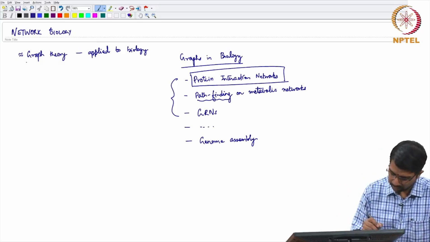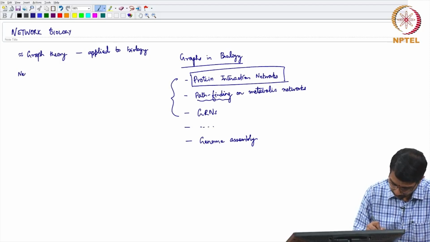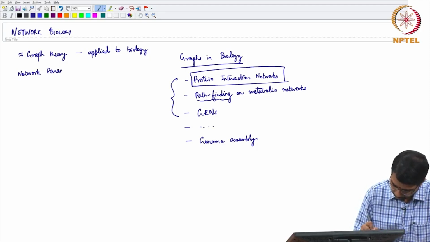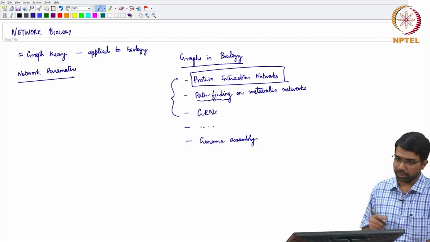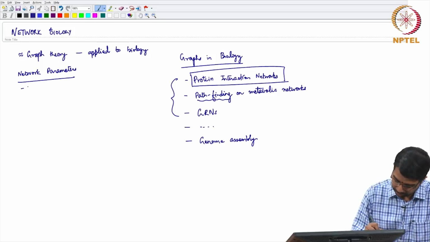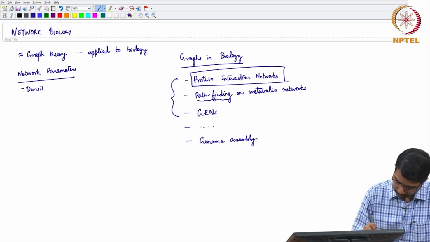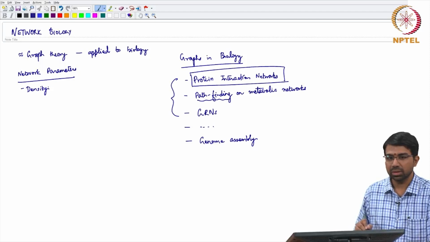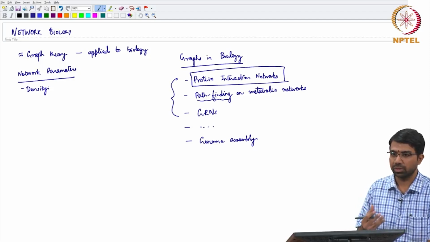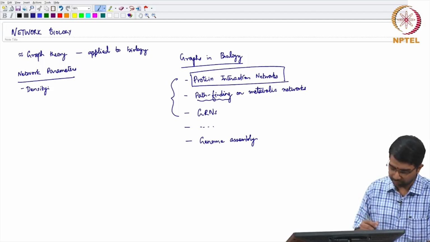And network properties. So, we looked at things like density, which is essentially the fraction of edges that are actually in the graph.